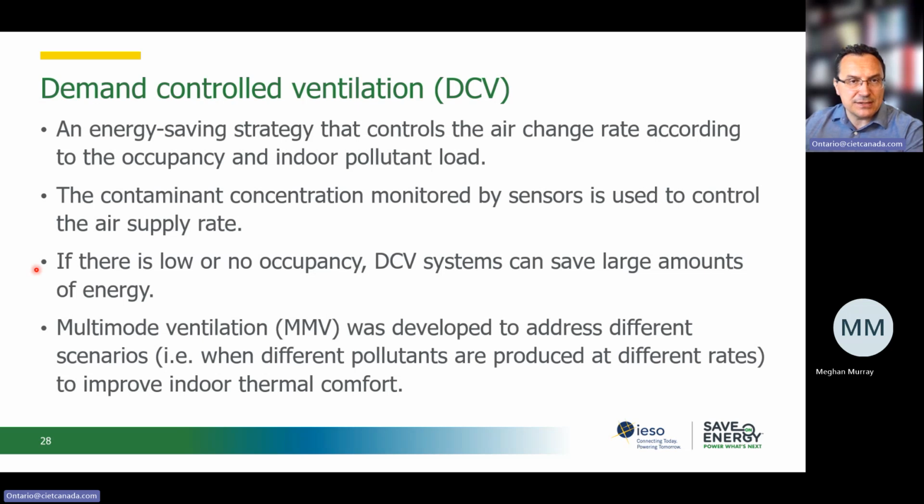Demand control ventilation can save a tremendous amount of energy because the function of power versus airflow is not a linear function. For example, in a system where we can reduce the airflow by 50%, the power required by the ventilation system can, in a cubic relationship, be reduced by 8 times.